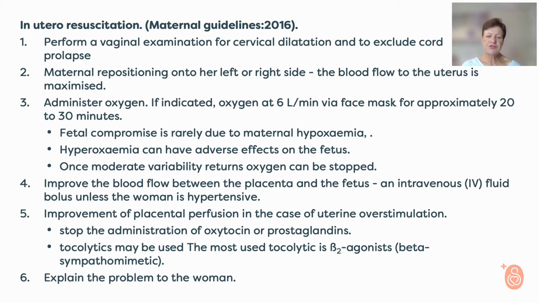We need to reposition the mother to make 100% sure that the blood flow to the uterus is maximized. So we need to turn her on her left or right side and definitely make sure that she's not lying on her back.